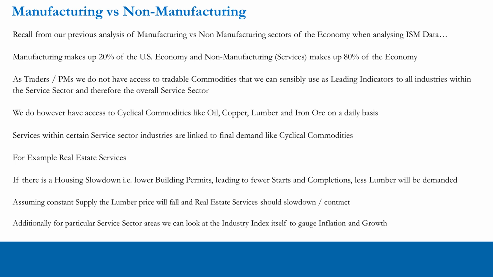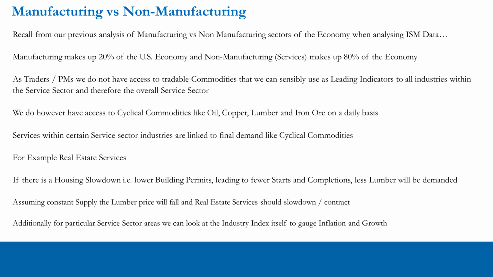So if we see, for example, deflation or inflation in a certain commodity price and it's demand-led, if there's an overlap into the service sector, then of course this cyclical commodity price is potentially leading and overlapping many areas of the service sector.